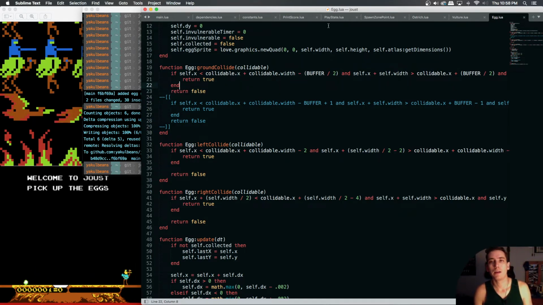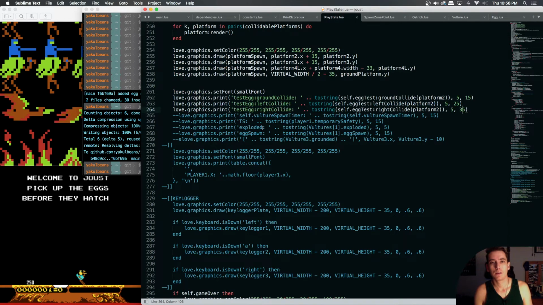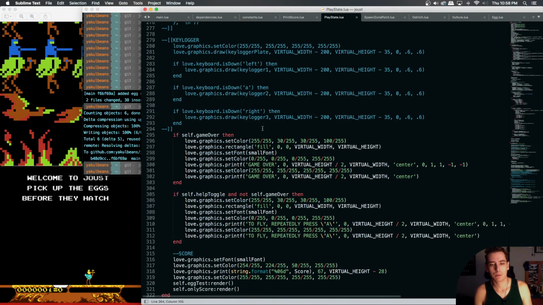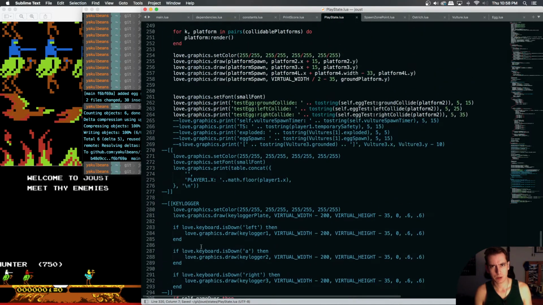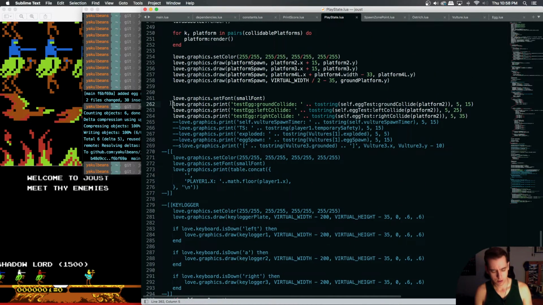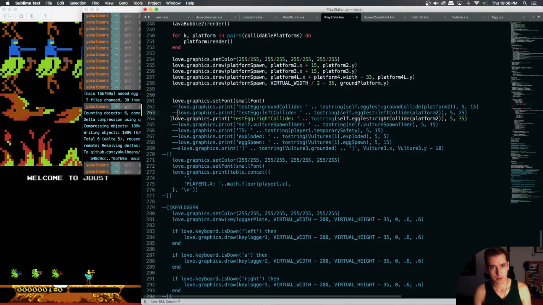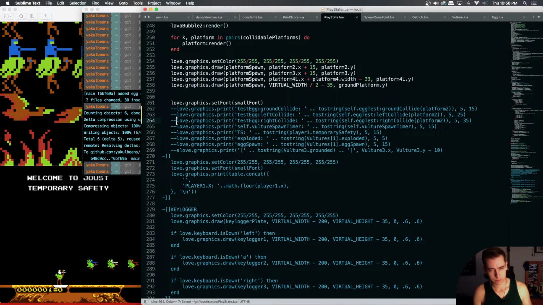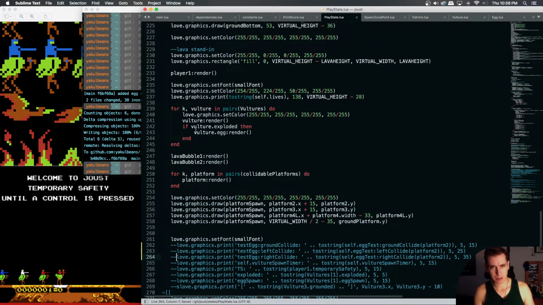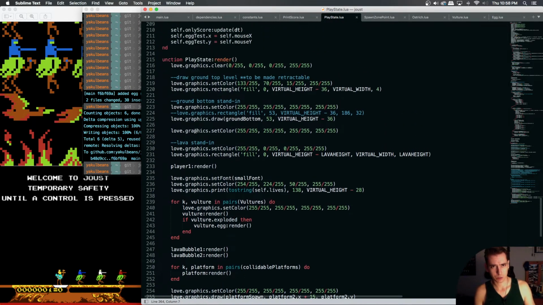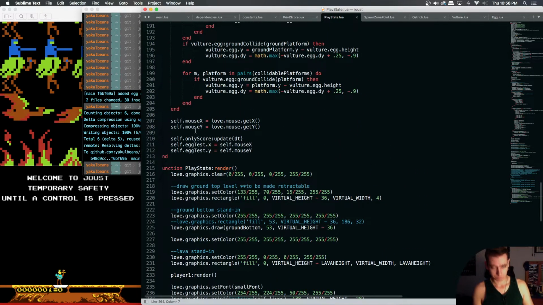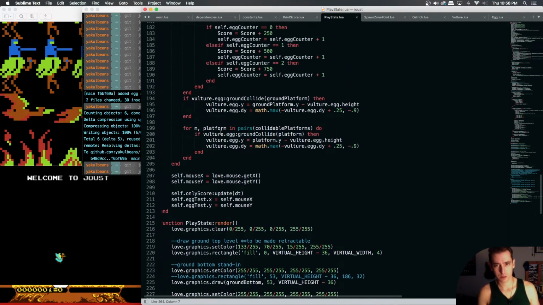So what do we do here? We can stop rendering our egg test. We can stop rendering our egg collide debug info, and then we need to check when we're cycling through our egg.